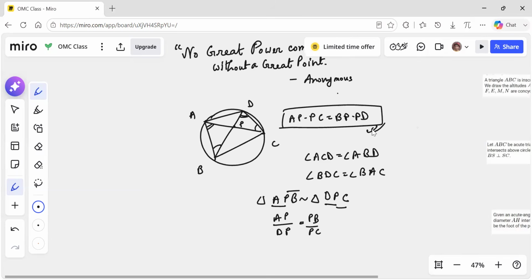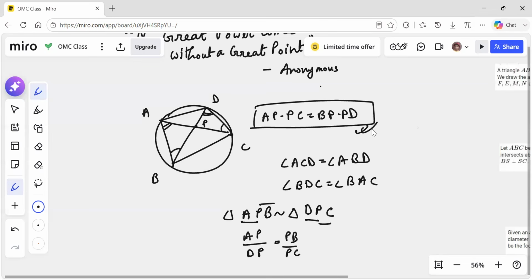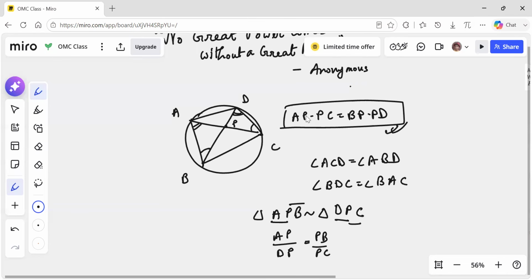What is interesting about this is that for a particular point P, whatever chord I choose, for example another chord through P, say EF, PE times PF will also be equal to PA times PC because AECF is also a cyclic quad.